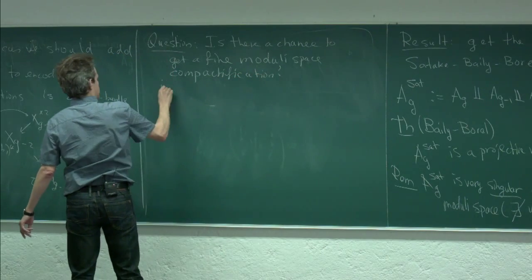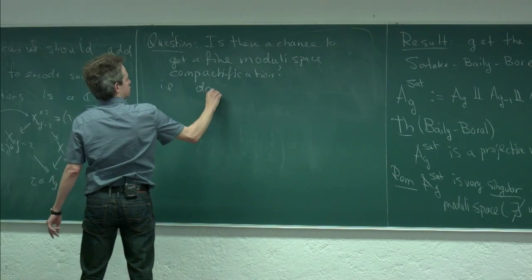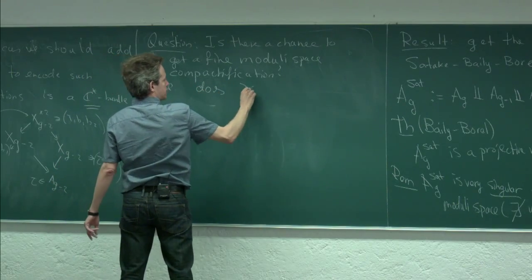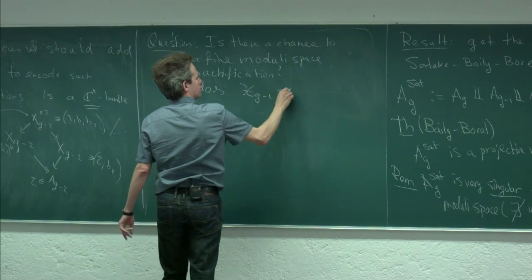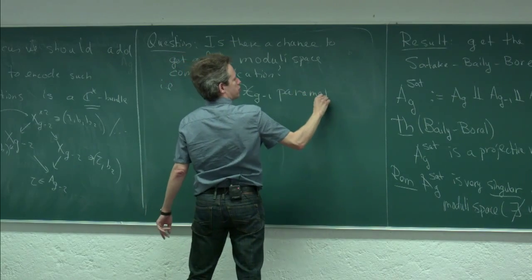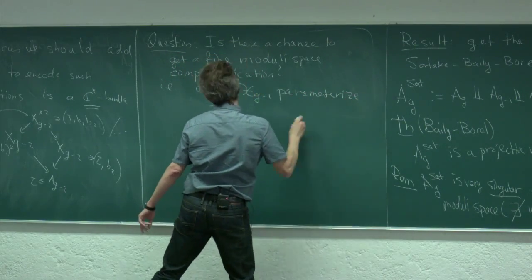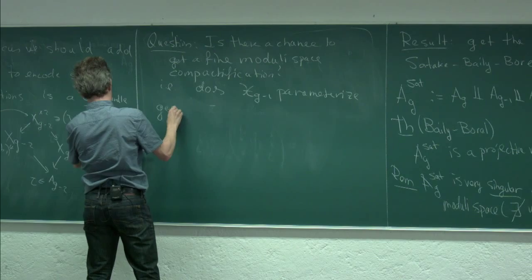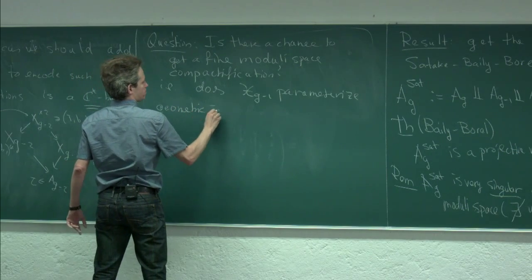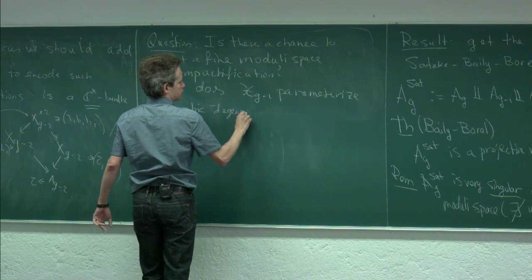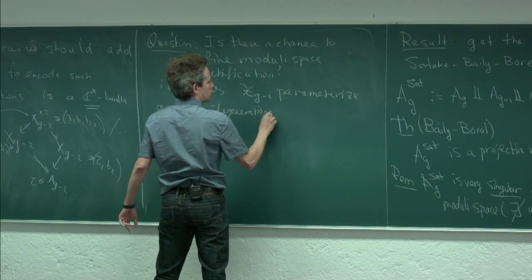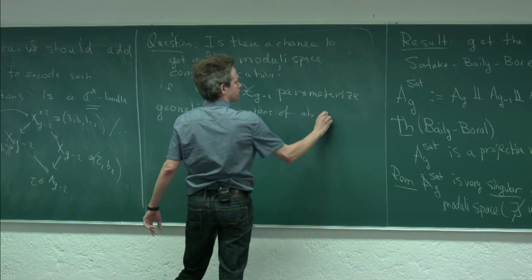So, i.e., does the first stratum, say X G minus 1, parameterize geometric degenerations of abelian varieties?